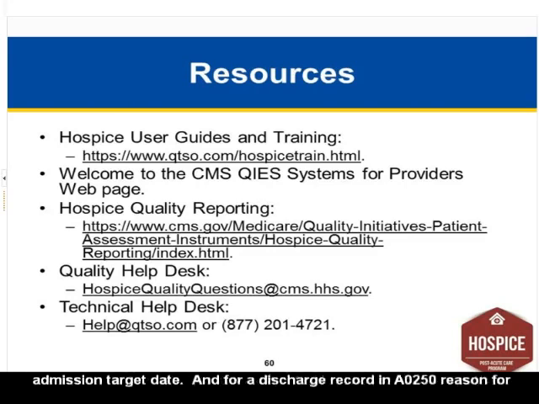And for a discharge record, when A0250 reason for assessment equals 09, the target date is equal to the discharge date in A0270, and that's the discharge target date. And again, this information is available in the Hospice Item Set-Based Quality Measures for the Hospice Quality Reporting Program User's Manual, version 1.00.